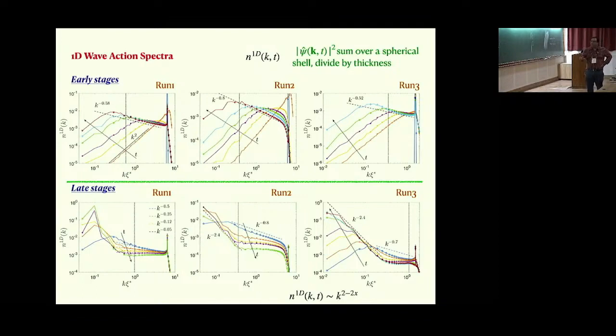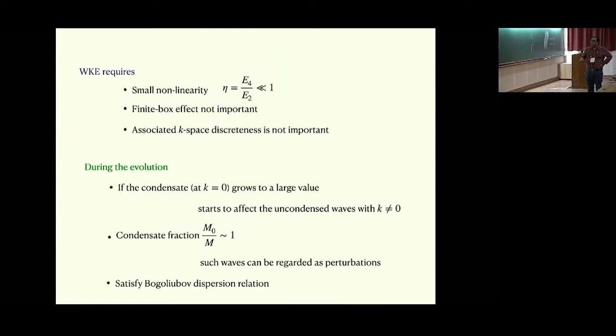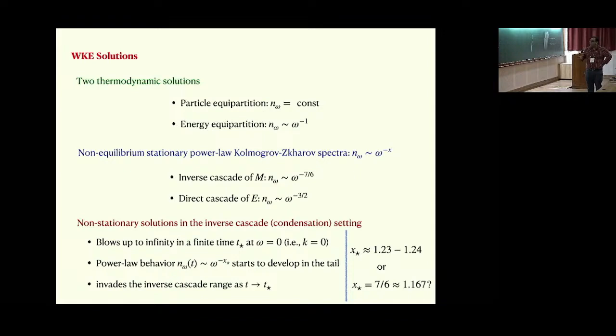But as time evolves, you see that a second scaling region starts to appear at wave numbers smaller than the forcing wave number. You see here, here, here. And if you convert them again, you will find numbers like x equals 1.29, 1.4, 1.26, which are consistent with what was obtained in the numerical simulations of the wave kinetic equation.